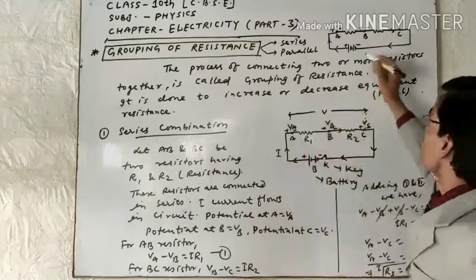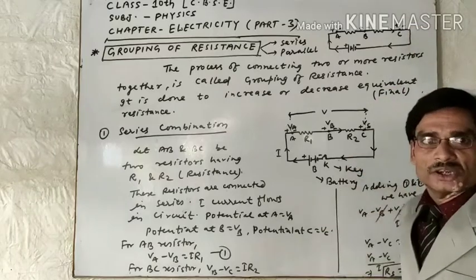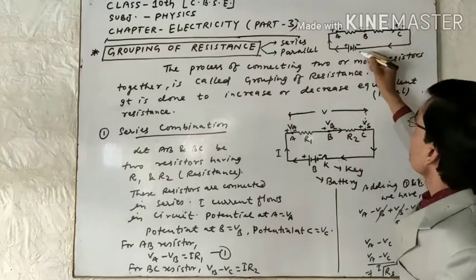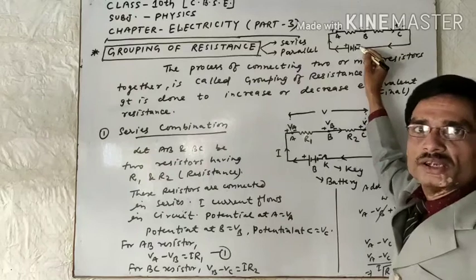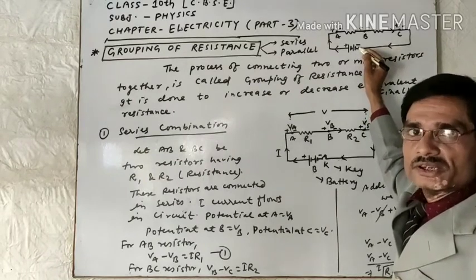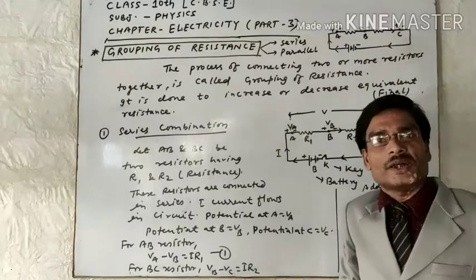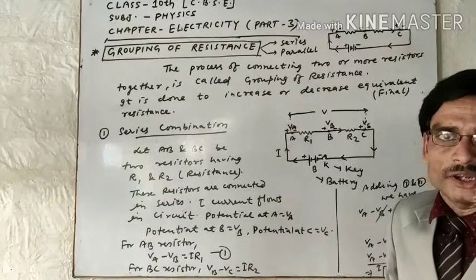This is also the positive end of the resistor, and this is the negative end. Here, this negative end is also connected to the negative plate of the battery, that is negatively charged. So in this way, we can also define series combination.